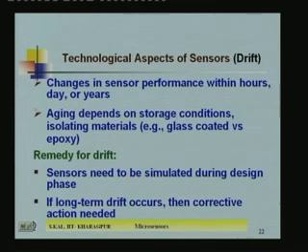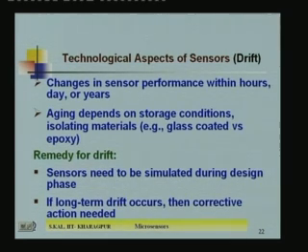Now, the change in sensor performance within hours or days is also there, because performance may change, which is known as drift. So, today you measure a certain input stimulus using your sensor. If you measure the same input stimulus tomorrow or 1 month later, 1 year later, the same sensor can give a different output.